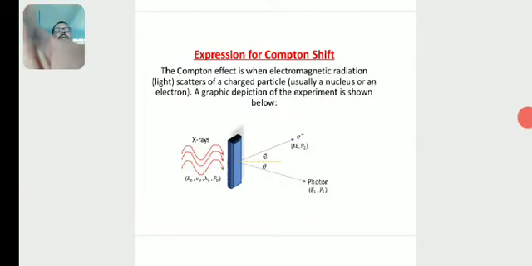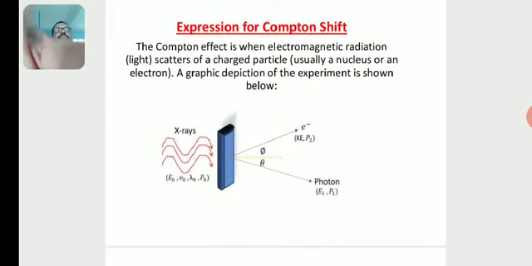The Compton effect is when electromagnetic radiation is scattered off a charged particle, usually a nucleus or an electron. A graphic depiction of the experiment is shown below.